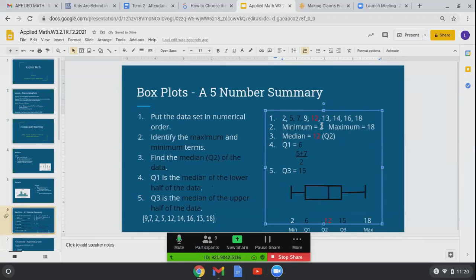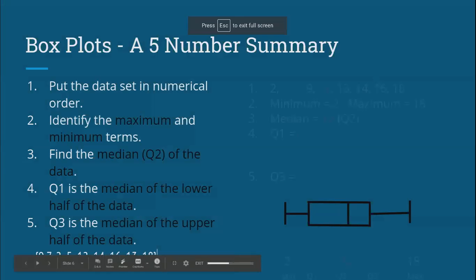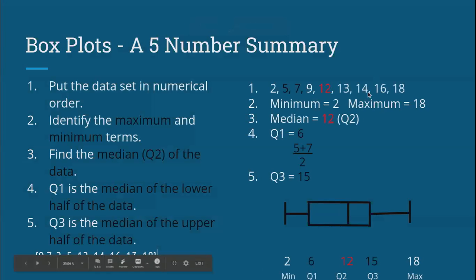Okay, so now we are just looking at the second part of the data, or the upper end of the data, and we would do the same thing. So again, we are only talking about 13, 14, 16, and 18, because 12 split the data in half. And same thing as was said for Q1, we have 4 terms.